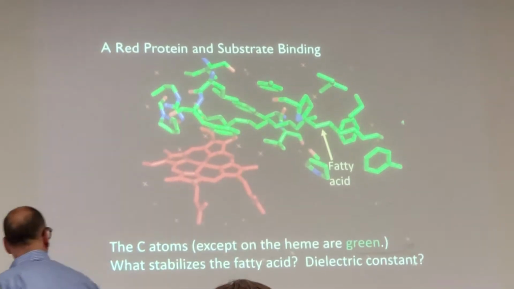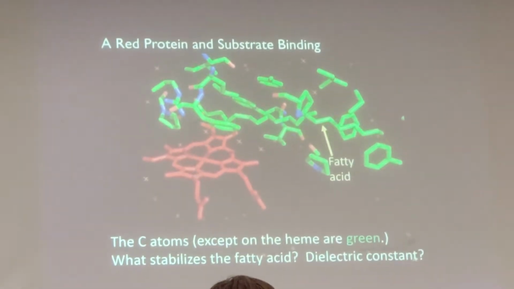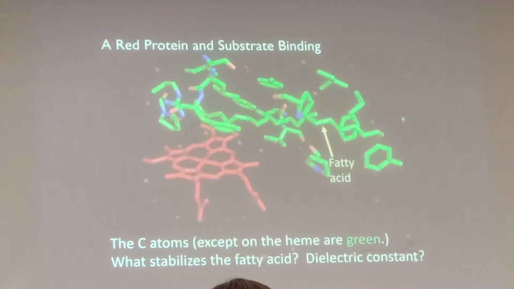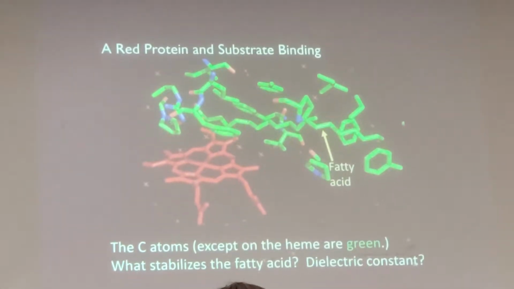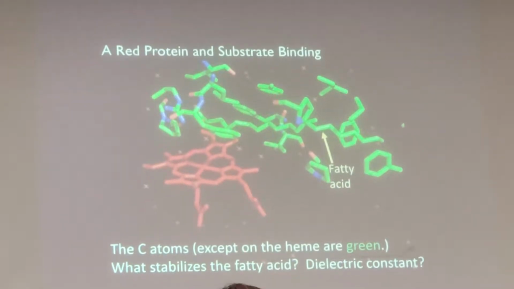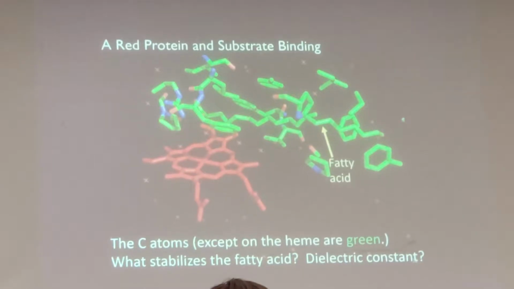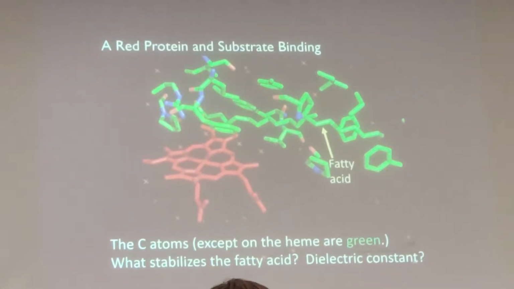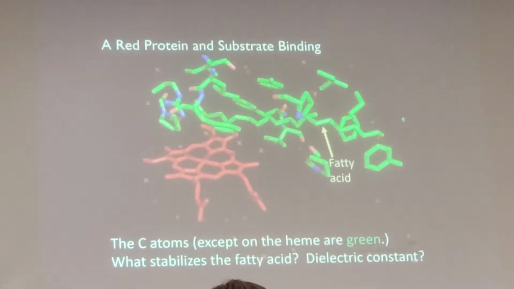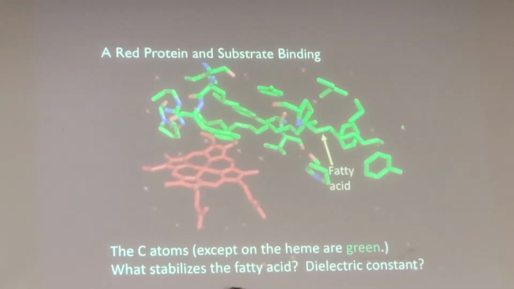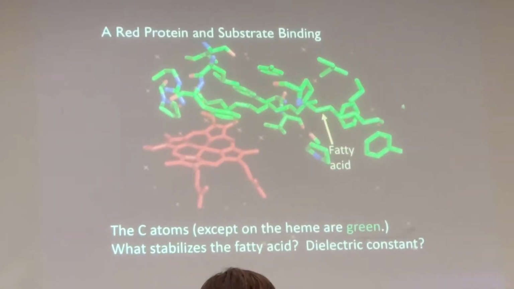All right, so what is stabilizing this fatty acid in terms of interaction? I've highlighted some of the residues. What types of amino acid side chains do you see? Polar or non-polar? What would you expect from something greasy like a fatty acid?